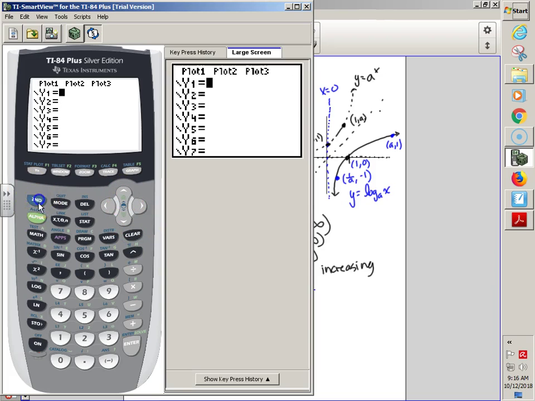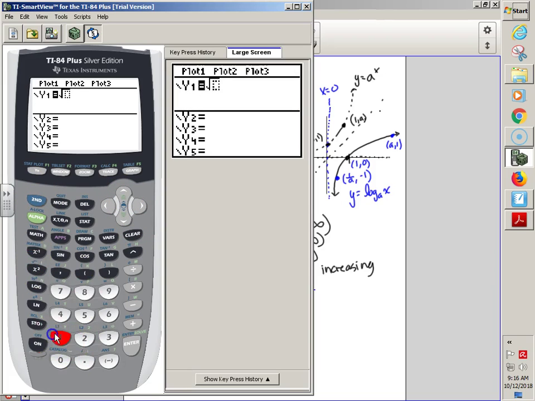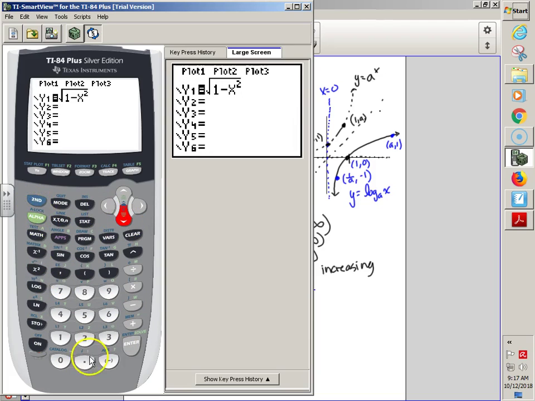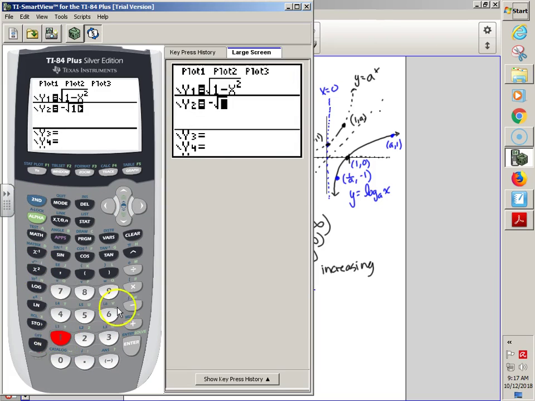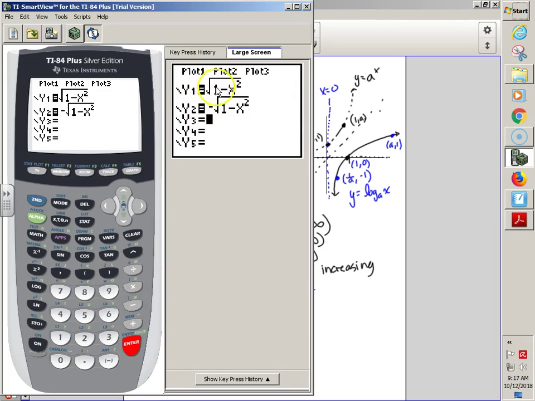We have to put in the positive square root of 1 minus x squared, and we'd have to put in the negative square root. We have to put in 2 functions to make 1. That's a hint that it's not a function.